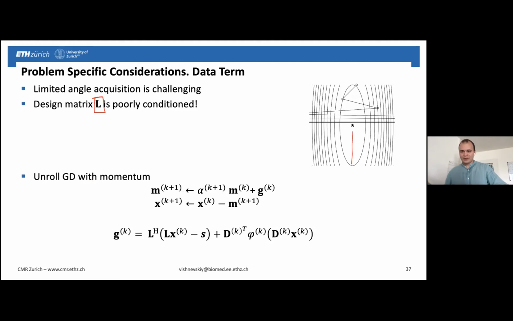So what can we do to mitigate this? Well, first, instead of unrolling the gradient descent, we can unroll the gradient descent with momentum, right? We just program it in TensorFlow or PyTorch, and the formulas are not too much more complicated. And all these momentum terms can also be tunable parameters. It doesn't really matter how the formulas look here.